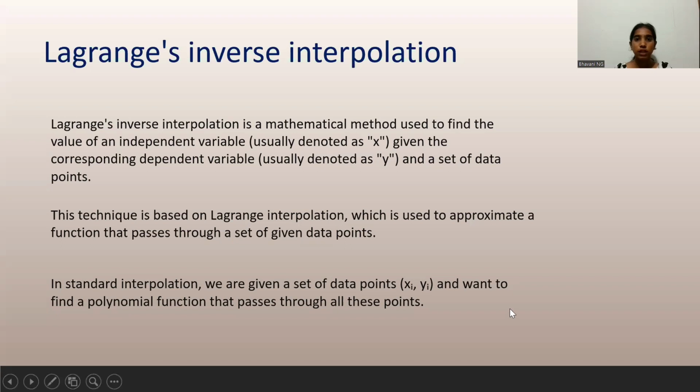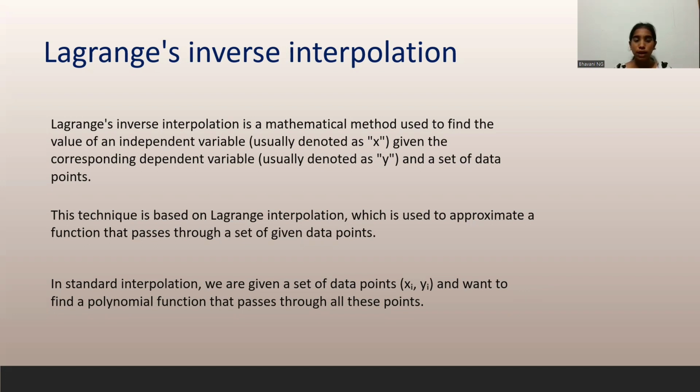Lagrange's inverse interpolation. Lagrange's inverse interpolation is a mathematical method used to find the value of an independent variable, usually denoted as x, given the corresponding dependent variable, usually denoted as y, and a set of data points.